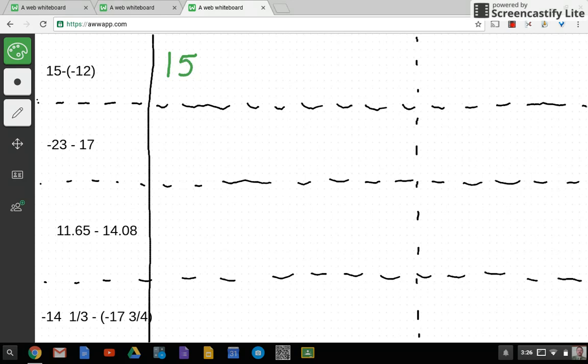I'm going to change the subtraction sign to addition and change the sign of the number being subtracted. So it's a negative 12. So I'm going to change it to a positive 12. Okay, so this looks kind of like it shouldn't work, but it does. Because if you're minusing a negative, you're actually adding a positive. So this is going to be 27.